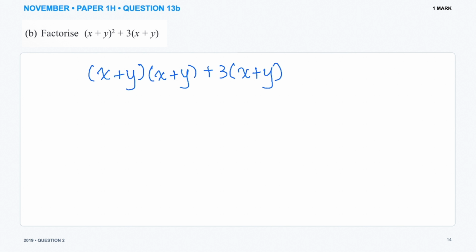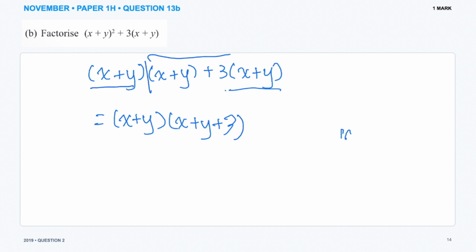Now let's get x plus y out of both terms. So we're going to have x plus y out here. We're going to get x plus y here and plus 3. Because, well, after we get rid of these, we're going to be left with this part. And that is the final answer to our last question.